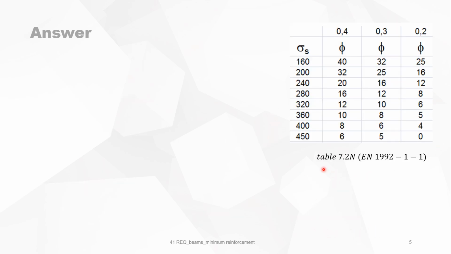This is table 7.2N from the code. We are calculating the minimum reinforcement for bending, which is given by this formula. The fictive diameter to be used in table 7.2N is 12 millimeters, but it's in fact 11.93. So I will do the calculation with 11.93, but in reality, you can just take 12 millimeters and then the maximum steel stress is 240.